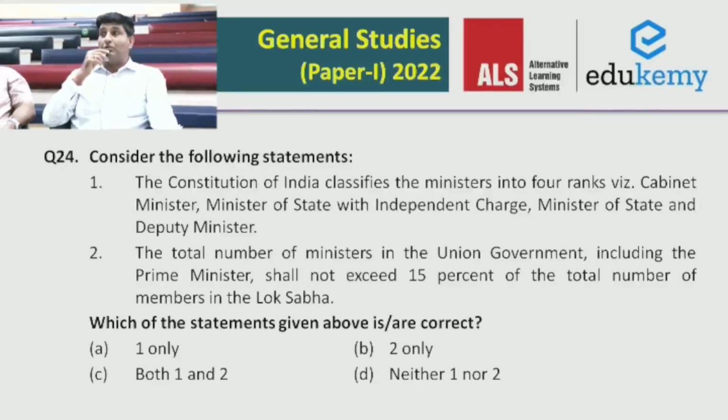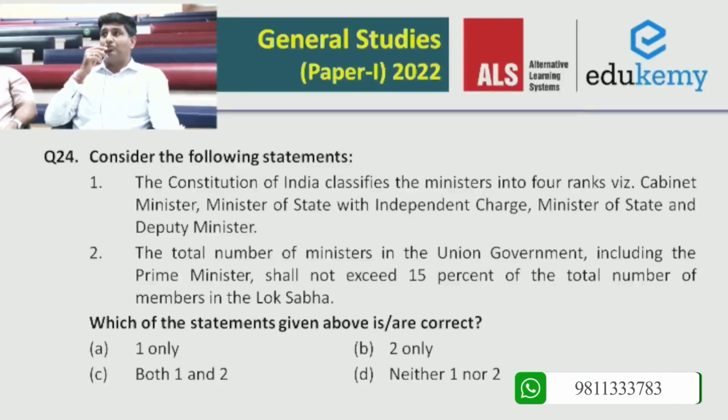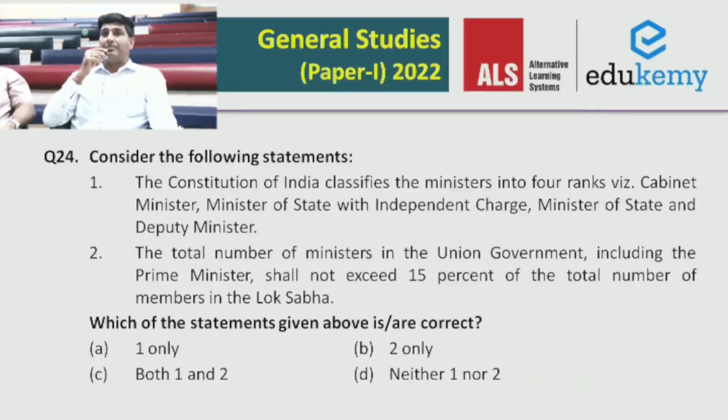But if you see the oaths given in the Constitution, there is a different oath for cabinet minister and a different oath for minister of state. And the constitutional status of a minister of state with independent charge is in no way different from any other minister of state. So the first statement is wrong. Second statement: the total number of ministers in the union government, including the prime minister, shall not exceed 15% of the total number of members in the Lok Sabha.